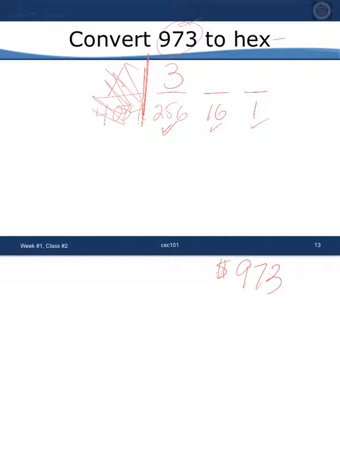So 3 256s would cost $768. That's how much you are going to spend out of your wallet. And then I should subtract and figure out how much I have left, which would be $205.